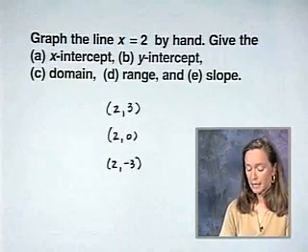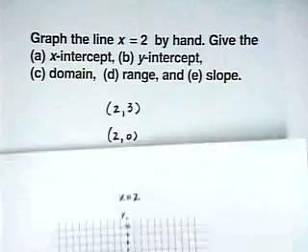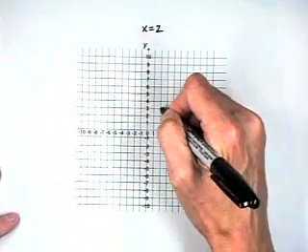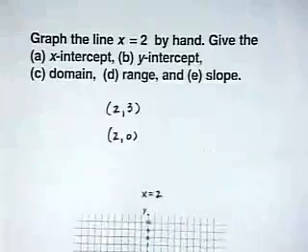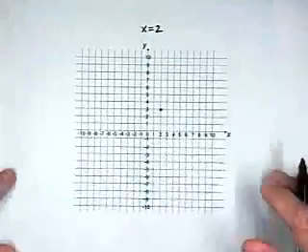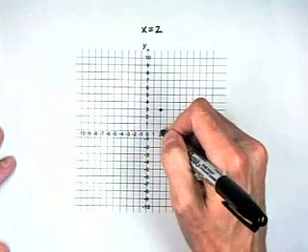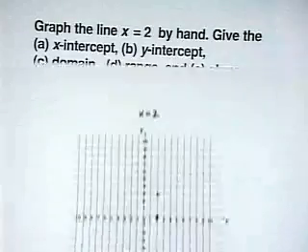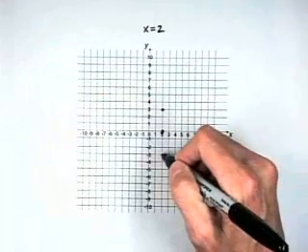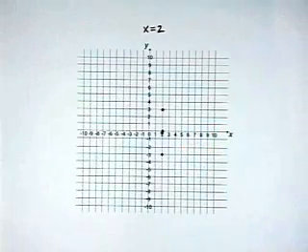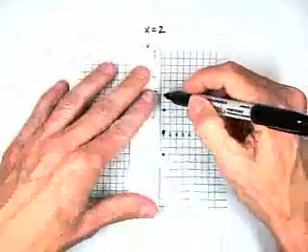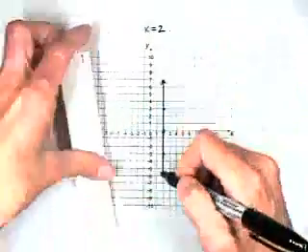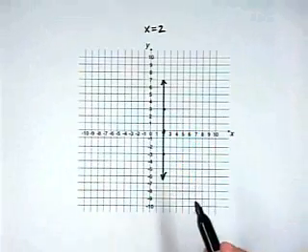We want to plot these in a coordinate system. I'm going to start by plotting the point 2, 3. My second ordered pair is 2, 0. 2 in the x direction, 0 in the y direction. And my third ordered pair is 2 in the x direction, -3 in the y direction. Connecting these 3, I get the graph of a vertical line.